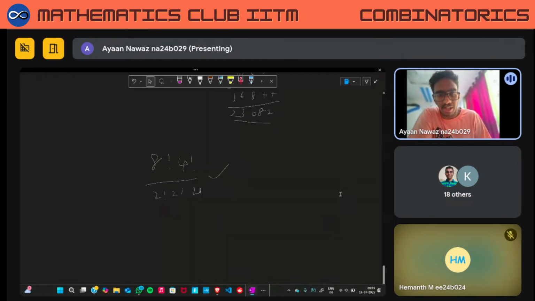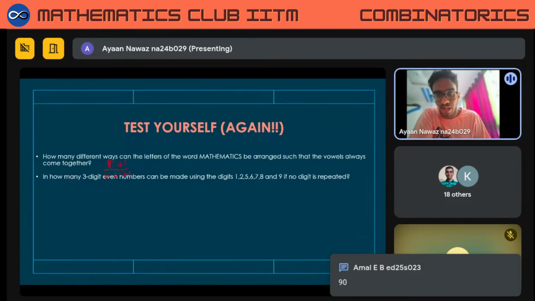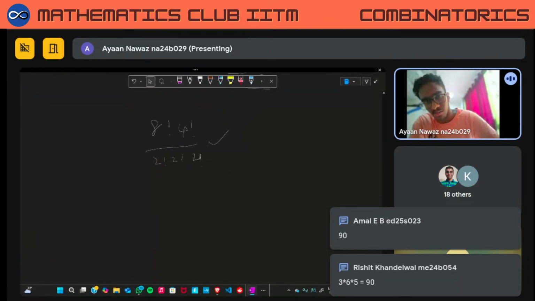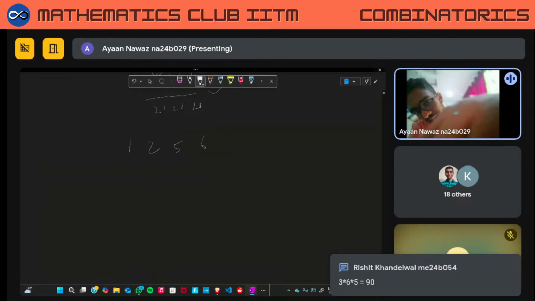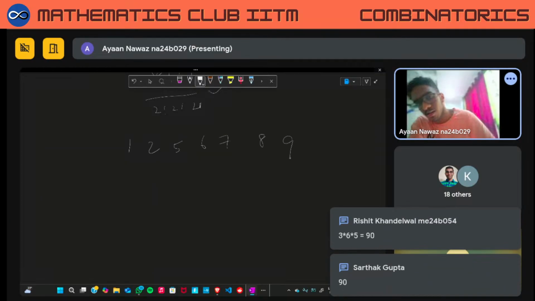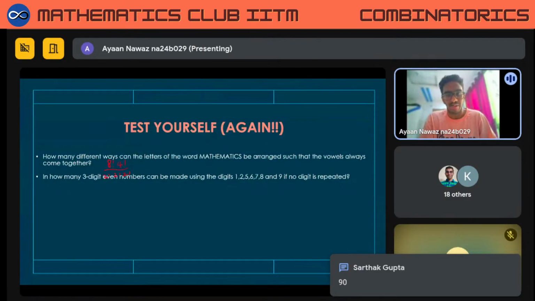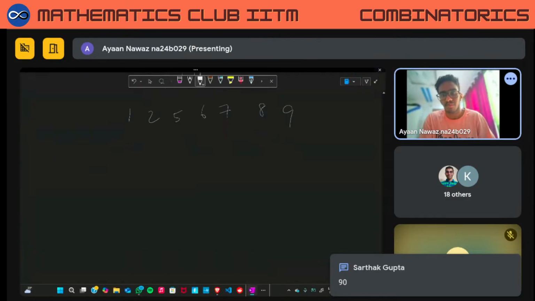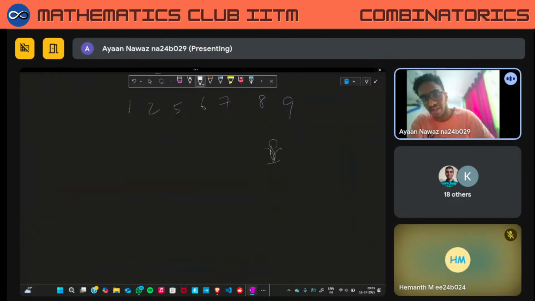So the digits we have are 1, 2, 5, 6, 7, 8, and 9. Three-digit even numbers, right? So the last digit is an 8, a 2, or a 6, for it to be an even number.